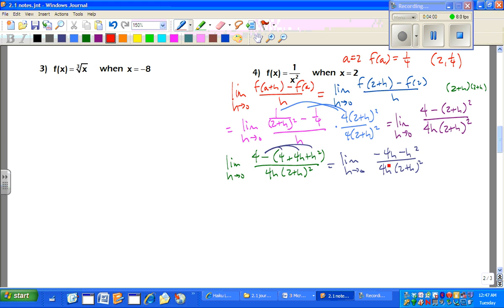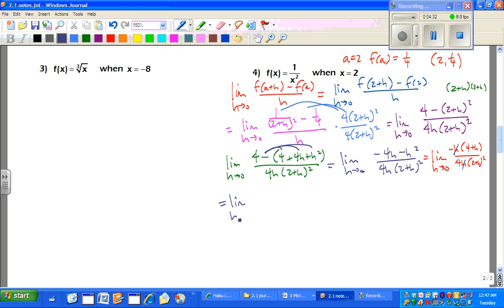Now, you can't just cross out these 4 h's, as tempted as you may be. In order to cancel things out, everything has to be factored first. This top is not factored out, the bottom is. On top, we can factor out a negative h. So now we can cancel things out. Once things are factored out, the h's cancel out.